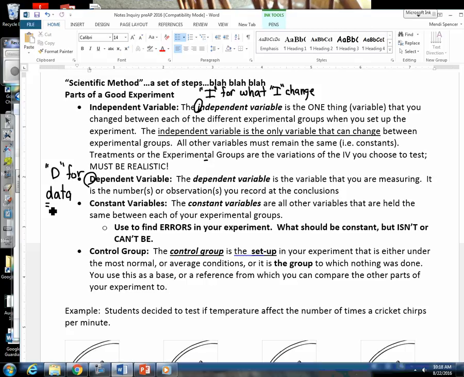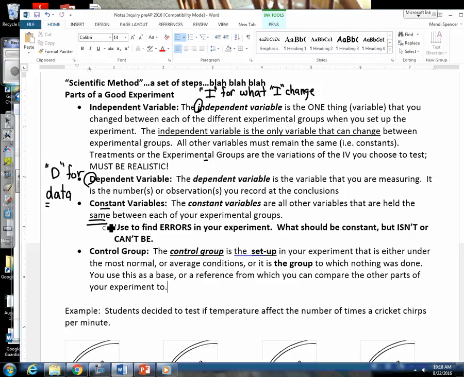Now for the constants, these variables that need to be held constant, constant means the same. So the different variables that have to be the same for each part of your experiment are what we consider constants. If you altered these constants and they weren't the same, then it would be unfair for different experimental groups.